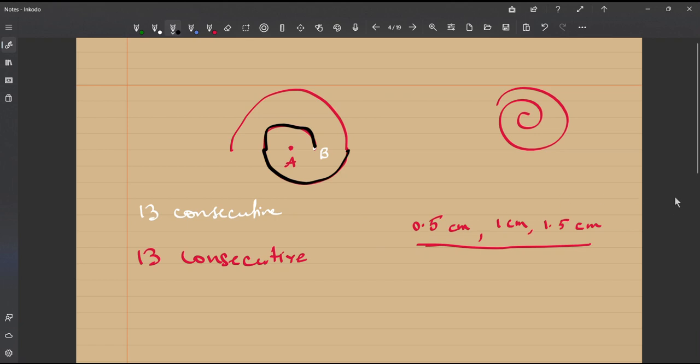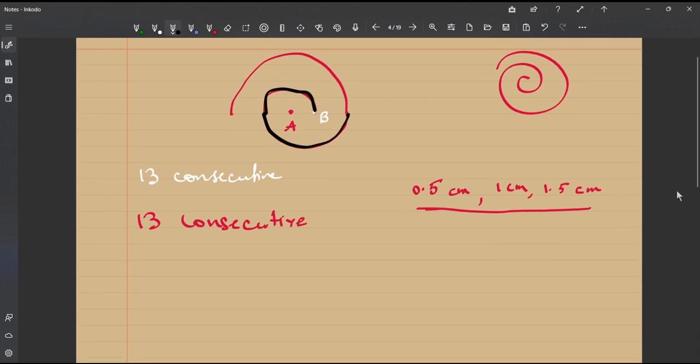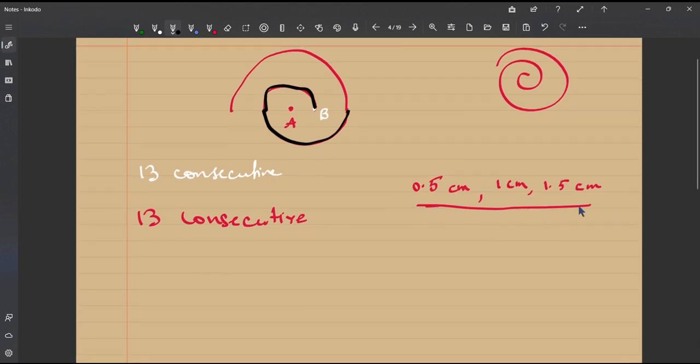Let us try to solve it. You're given the radii. Looking at the radii itself, it looks like an arithmetic progression, of course, but we have to find the length of the semicircle. The length meaning the circumference, isn't it? The length of the semicircle is half the circumference, and the circumference of a circle is 2 pi r.